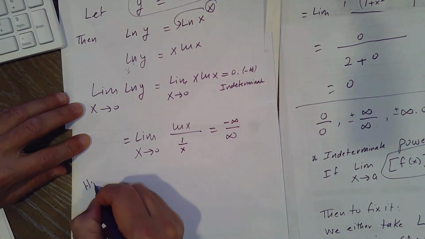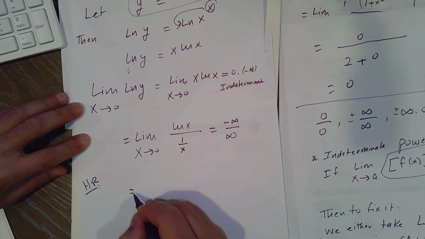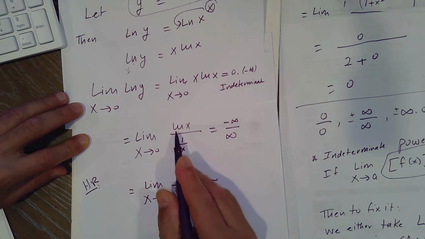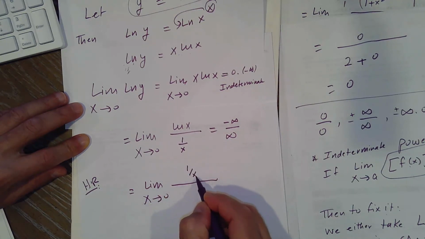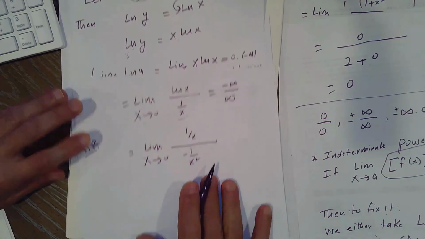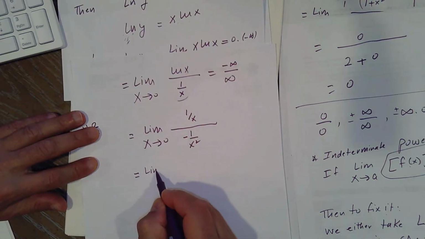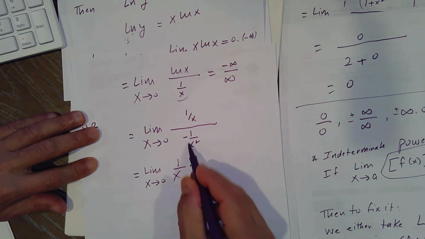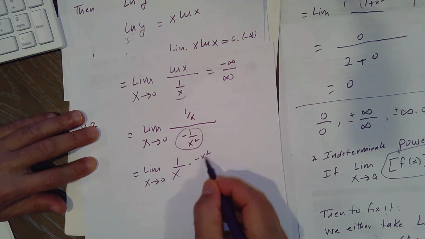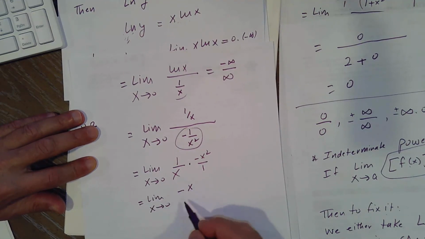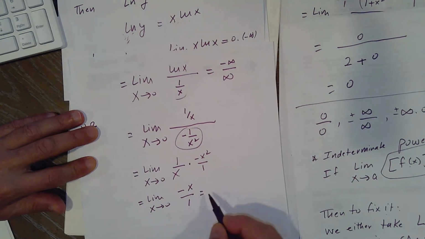Using L'Hopital's rule, it's the limit as x goes to 0, the derivative of ln of x is 1 over x, the derivative of 1 over x is negative 1 over x squared. Instead of dividing, we're going to multiply by the reciprocal, which is the limit as x goes to 0 of negative x over 1, which is 0.